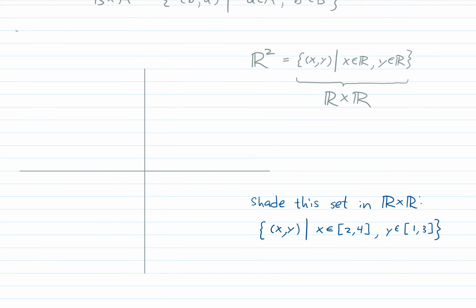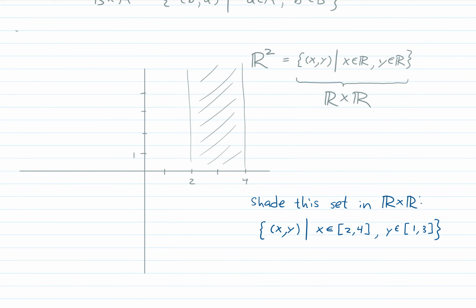Let's put some markings on our axes here. So x is between or equal to 2 to 4. So that means in between there. But also there's a restriction on y.